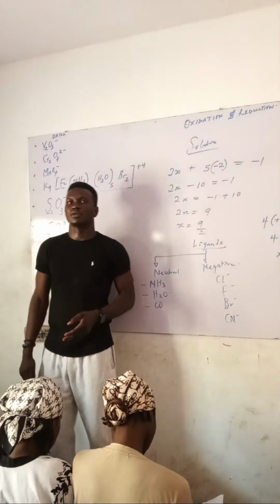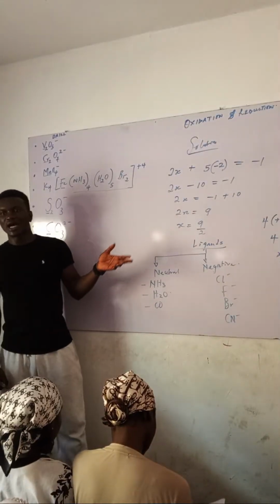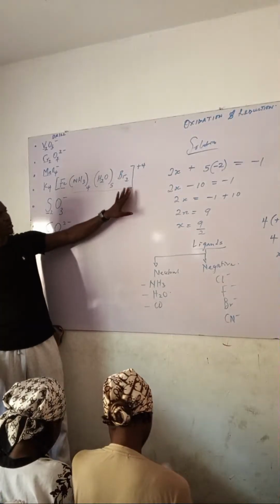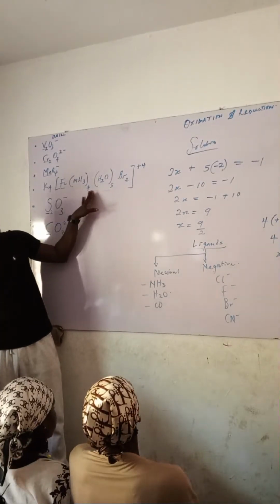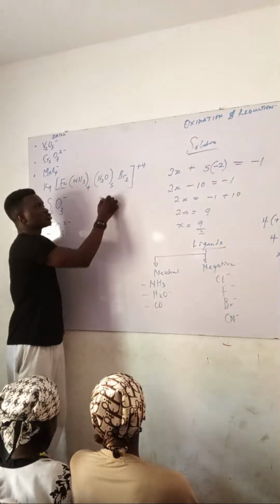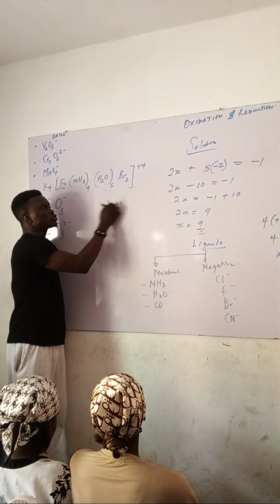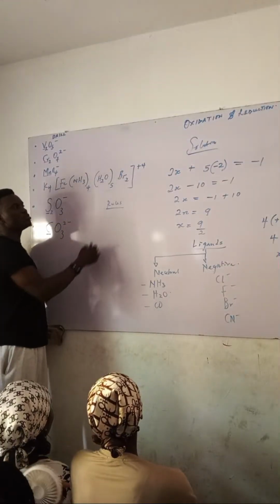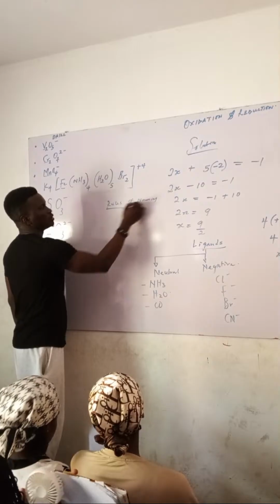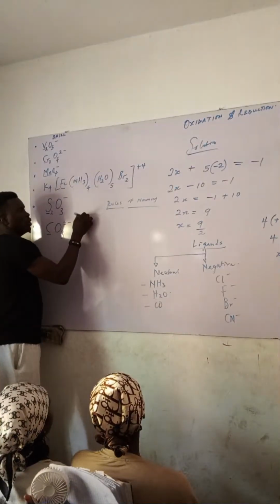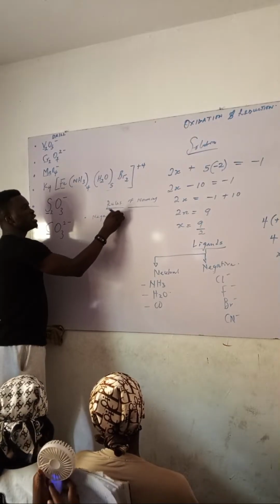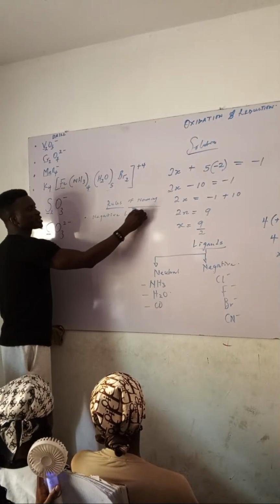And I told you too, when you are naming these complex compounds, you start with the negative ligands. So for those of you that want to know the short rules quickly, the rules to name them: when you are naming, you name the negative ligand first.